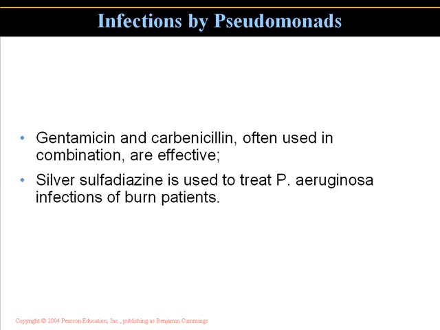We also see sulfasalazine. Again, this is a preparation that we talked about when we talked about antimicrobial agents. We see this commonly used in patients to treat Pseudomonas aeruginosa in burn patients. You should be familiar with sulfasalazine and its use to treat Pseudomonas infections in burn patients.